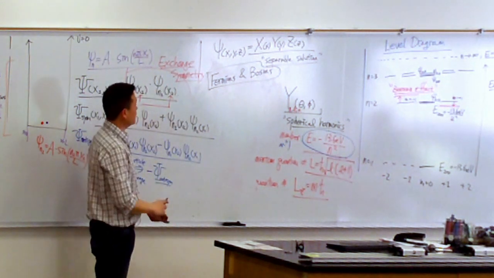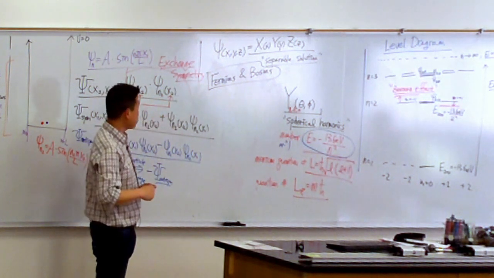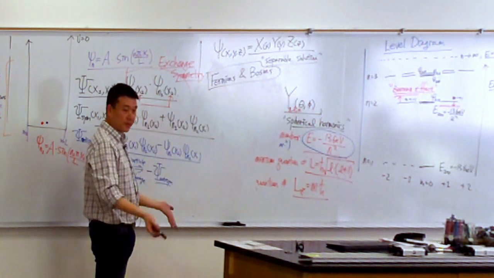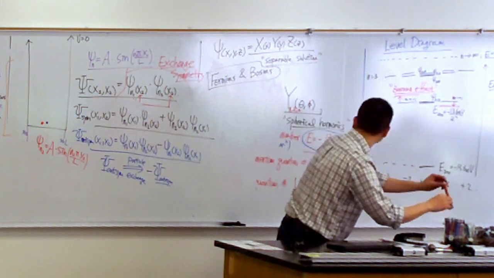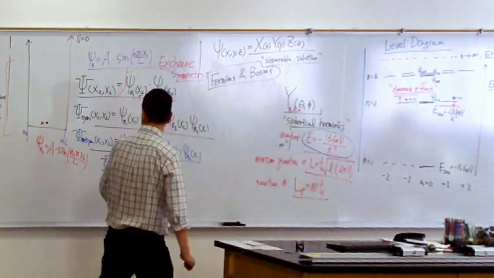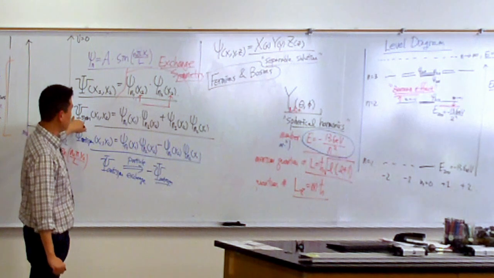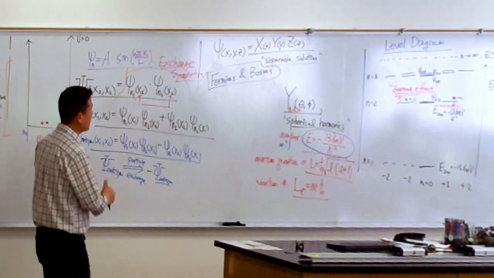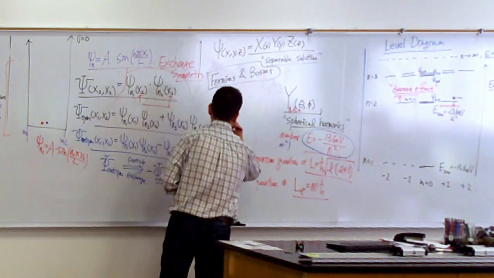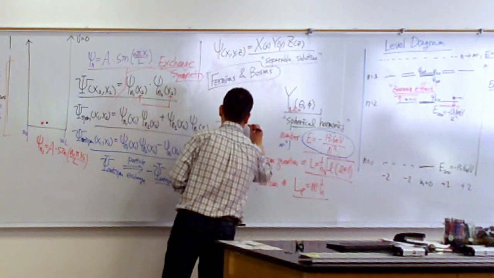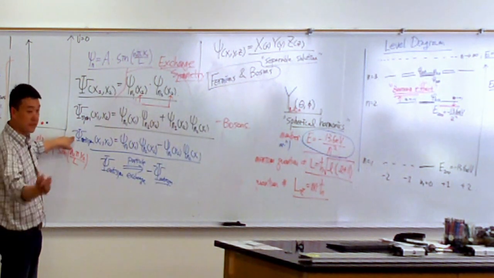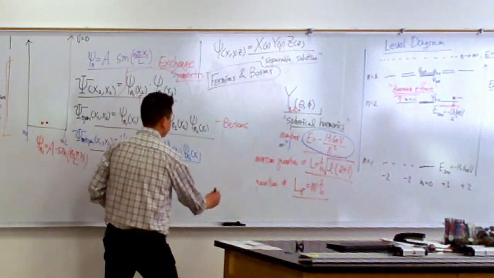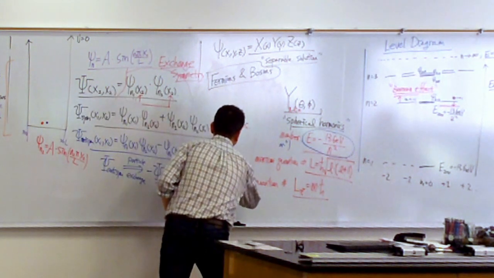Okay, not enough of you. These are just names. I can tell you what distinguishes fermions from bosons. This is not something I can derive; I just have to tell you. The symmetric exchange symmetry is obeyed by bosons. The antisymmetric exchange symmetry is obeyed by fermions.